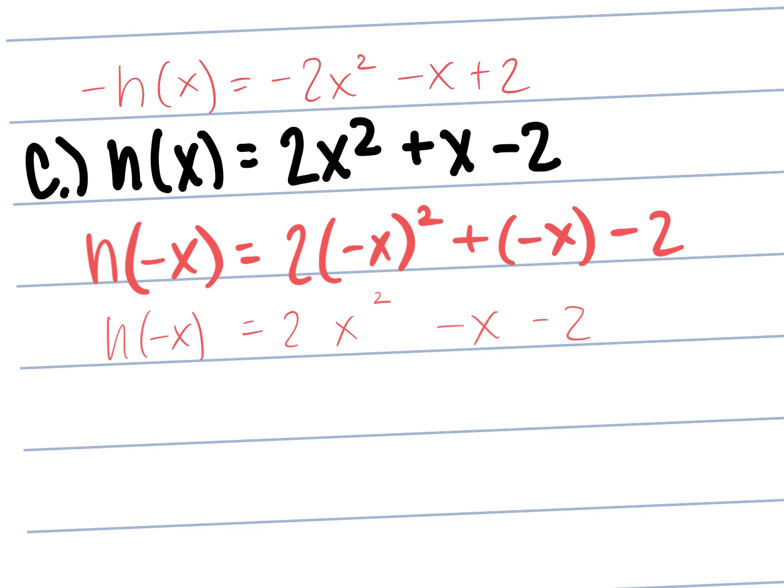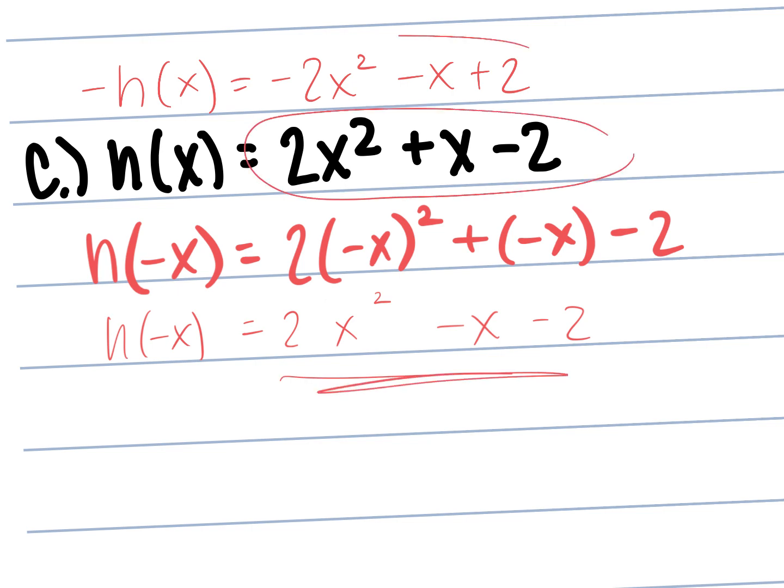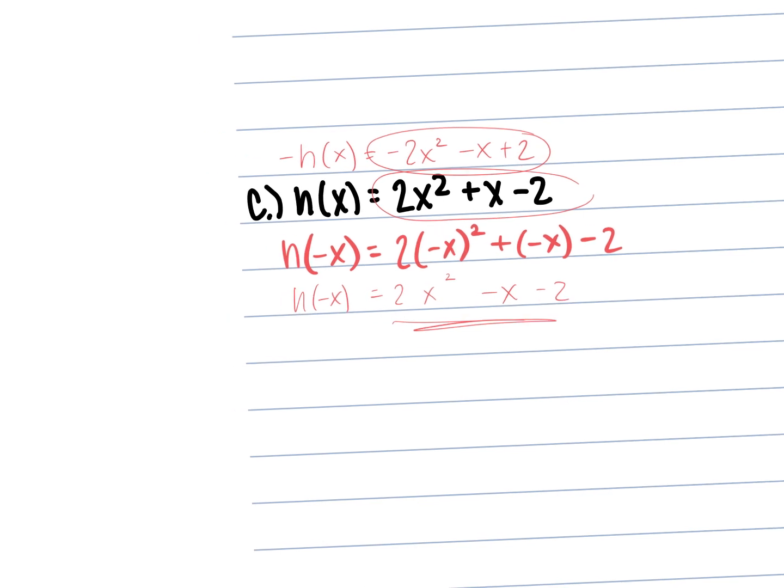I said if it had 3 terms, all of them would need to change sign, correct? Does this match this or this? So guess what it is? Neither. It's neither. Okay? So it is possible for a function to be neither even nor odd.